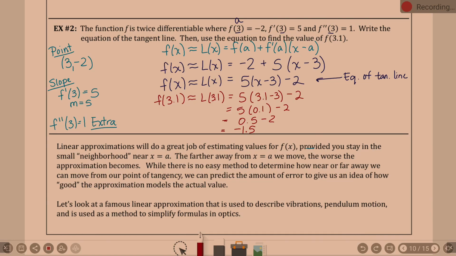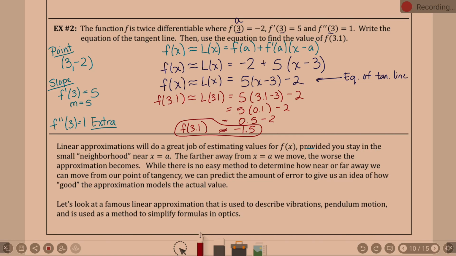I'm not saying that's the direction you have to go. I'm just saying that when they have that subtraction, you're getting a decimal of 0.1, they might do that. So f of 3.1 is approximately negative 1.5.